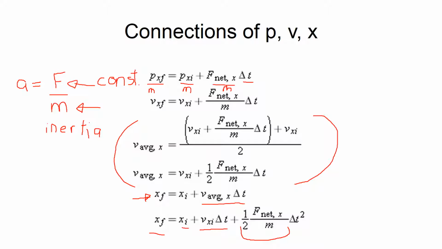I think the distinction here is important in the sense that the force is the cause of the change, the mass is the resistance to change, and the acceleration is the result. You will frequently see this written as F equals ma, which, while it's algebraically true, is misleading, because the force is not the result, the force is the cause.